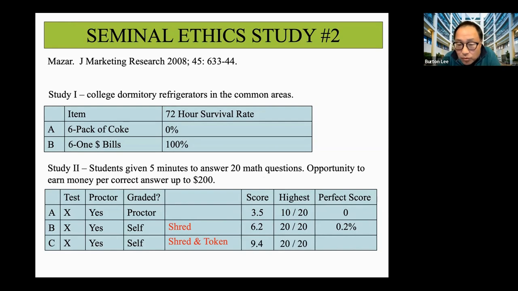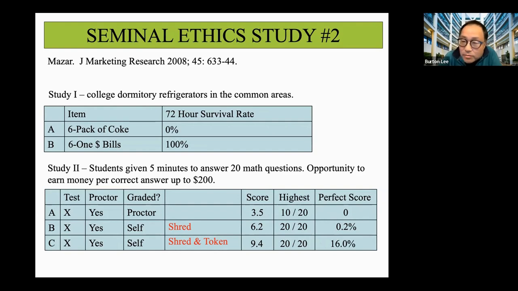So it went up even further to about 9.4. So the amount of cheating significantly increased. And of course, the highest score was, again, 20, just like it had been before. But the most important part of this is that the percent of people who are willing to be sociopathic here actually dramatically increased. Okay.